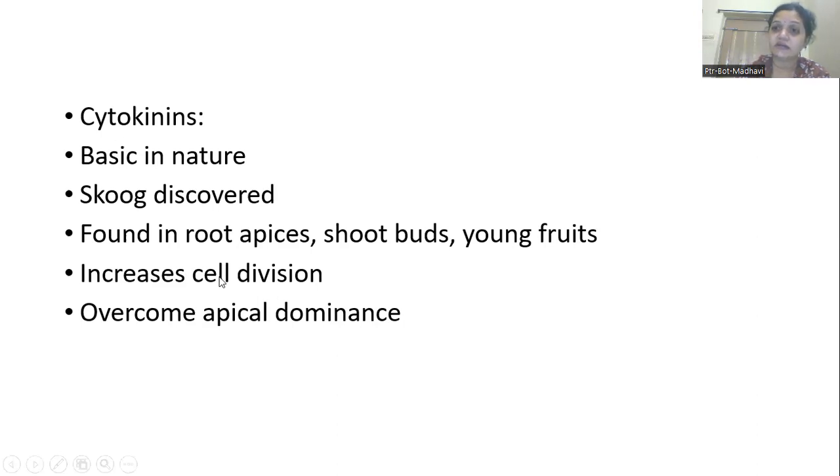They increase cell division and cell elongation, and they control the apical dominance that was caused by the auxins, so with that the branch formation will be more with the help of the cytokinins. In the tissue culture lab they are used in a ratio: when auxins are 3 and cytokinins are 1, then root promotion will be seen.